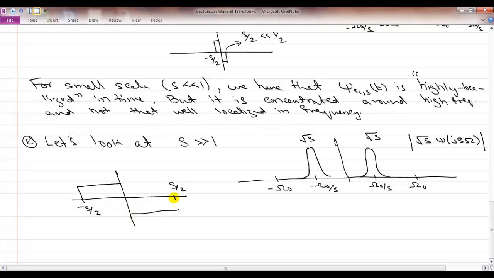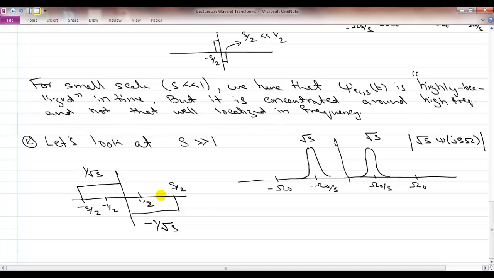And of course, the height of this thing is 1 over square root of S and minus 1 over square root of S. So that is a small number. So as your scale has gone up, you have actually expanded your signal in time, which means your time resolution has now become worsened.